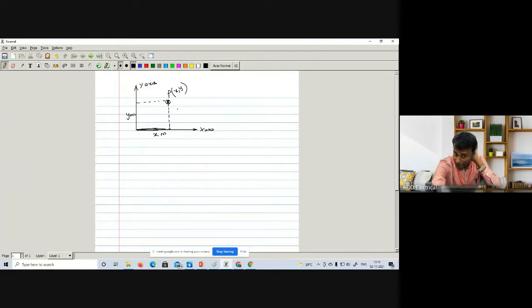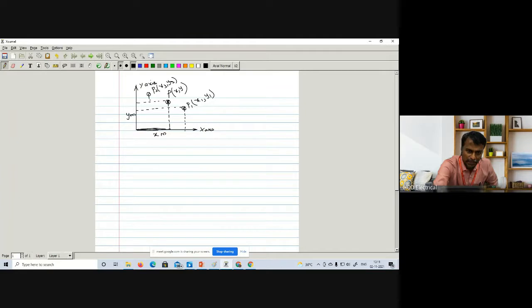If we have another point, the x distance and the y distance will be different. Therefore, this new point will be x1 comma y1. Similarly, if we have another point, P2, it will be x3 comma y3.